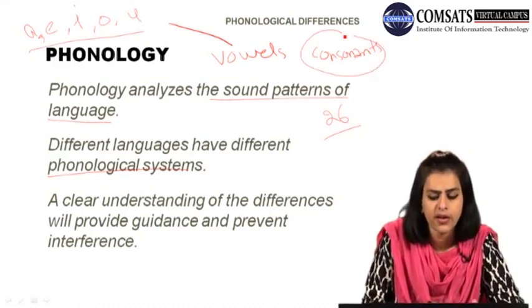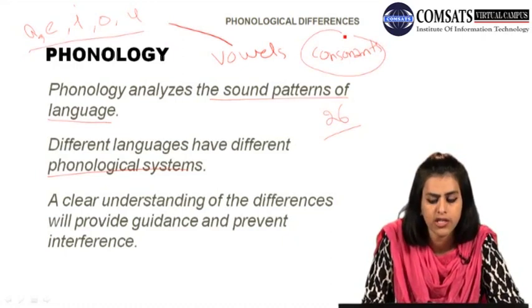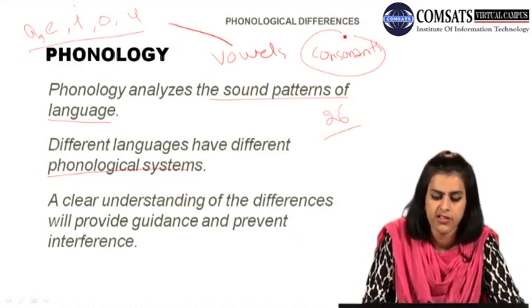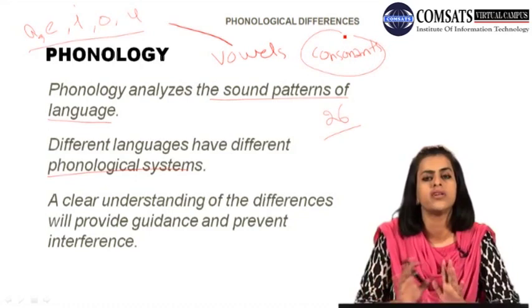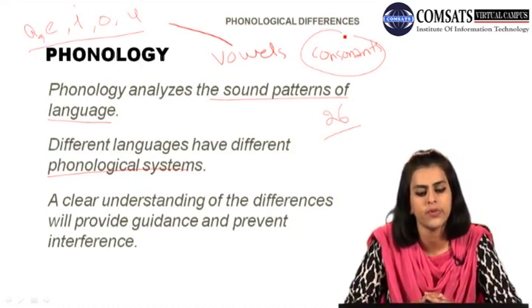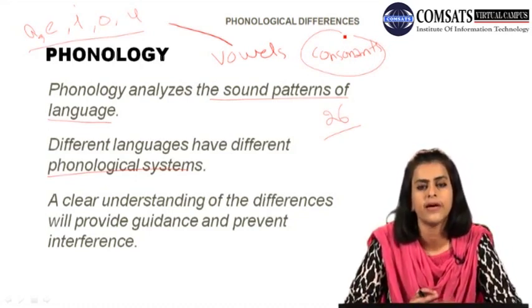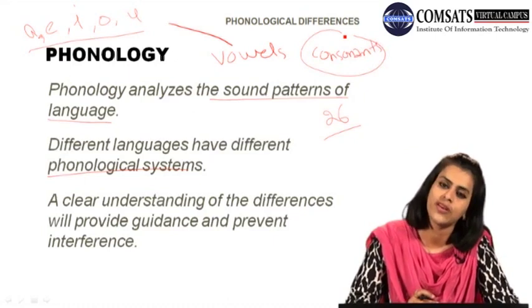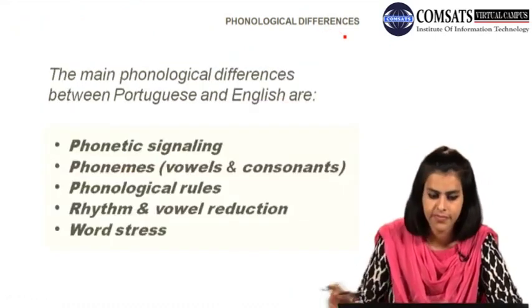A clear understanding of the differences will provide guidance and prevent interference. So clear guidance towards each and every word, how they are pronounced, along with the consonant grapheme and the vowel grapheme, would guide you better on how you are supposed to pronounce different words.